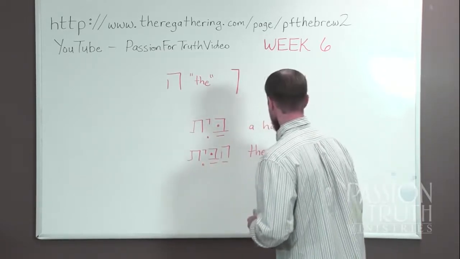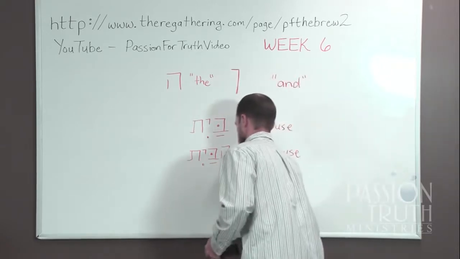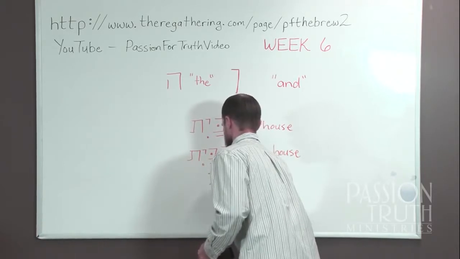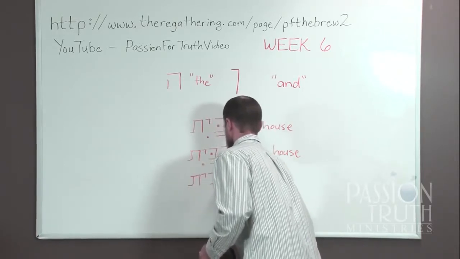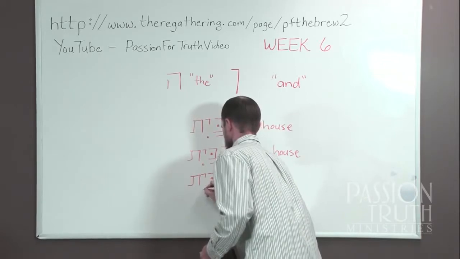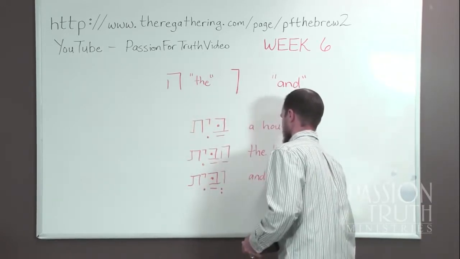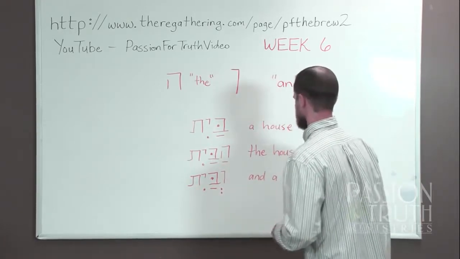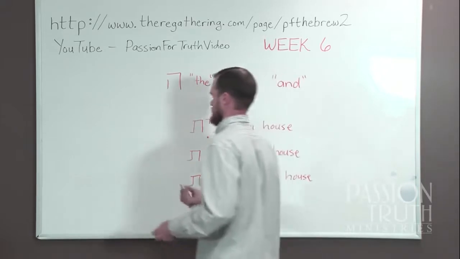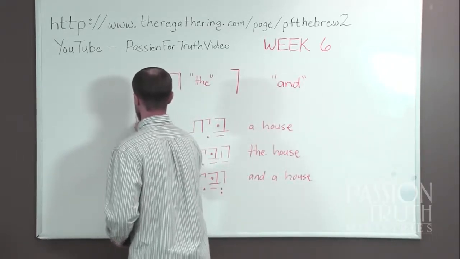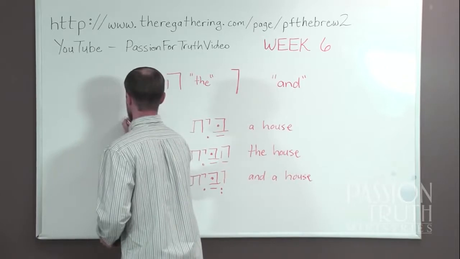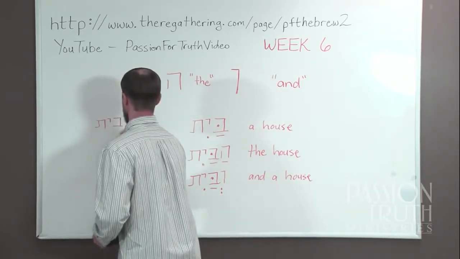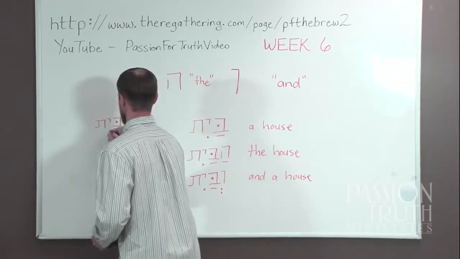Okay? If we were to say v'bayit, it would be part of the phrase, and a house. So if we had a phrase, eitz v'bayit, a tree and a house.